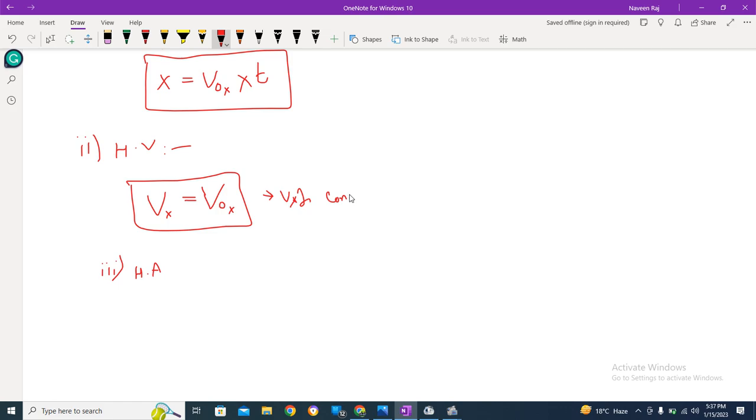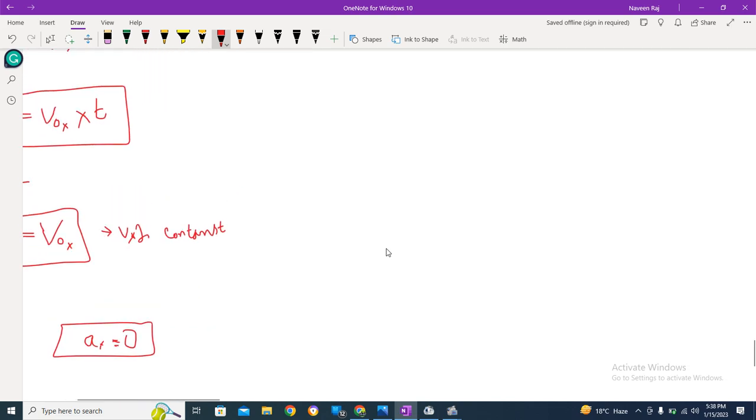Acceleration is the rate of change of velocity, so if the velocity is constant, how can acceleration be produced? So in this case ax, the acceleration along the x-axis, is equal to 0. I do hope that you've got this.